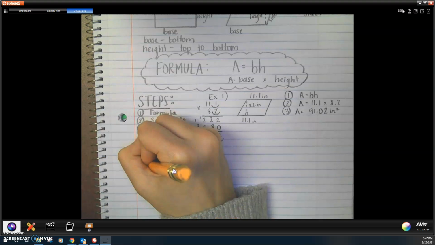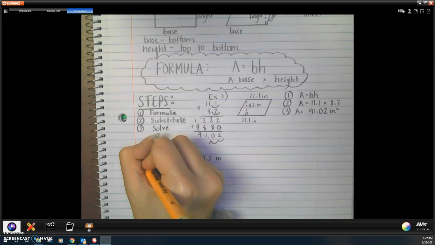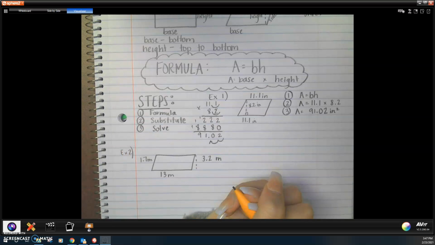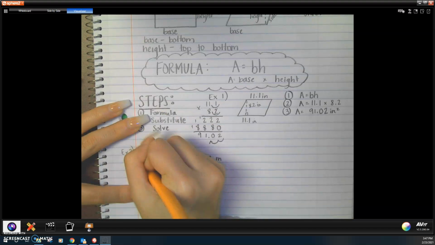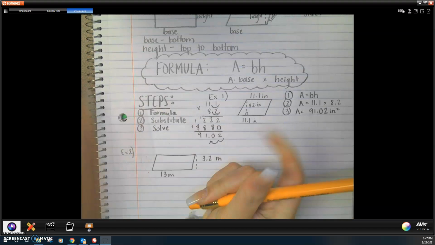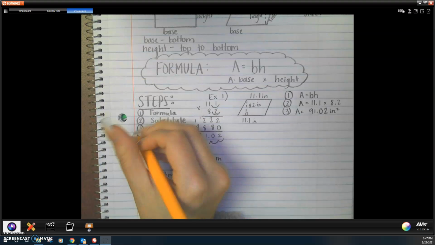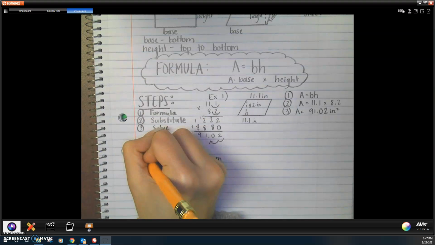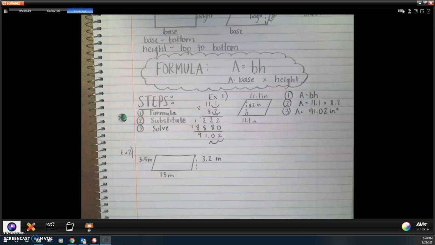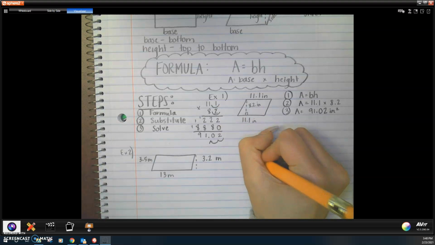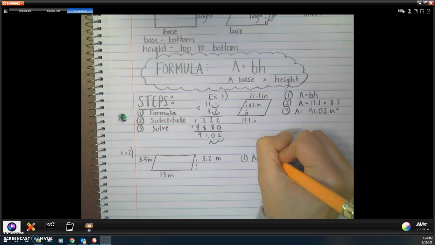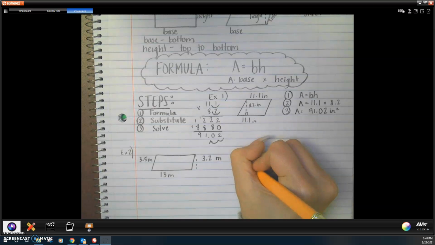And then this side is going to be 3.5 meters. Alright, so step 1. Remember, you can pause the video, try it on your own, and then come back and check your answer.